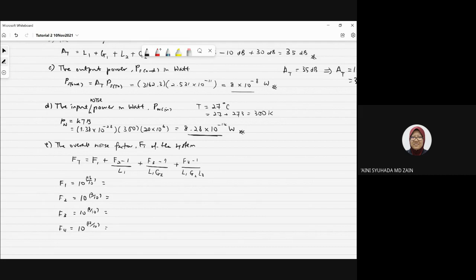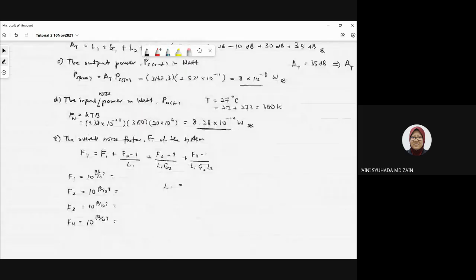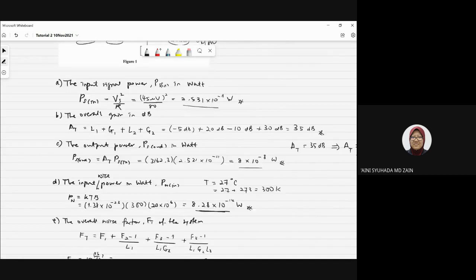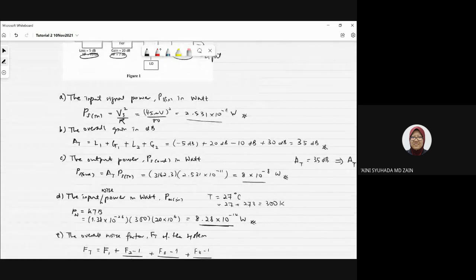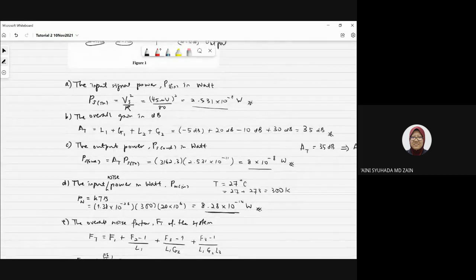To get the absolute value for each of that. And then we go for the L1, the loss, -5. And then second one is the gain, 20 dB.